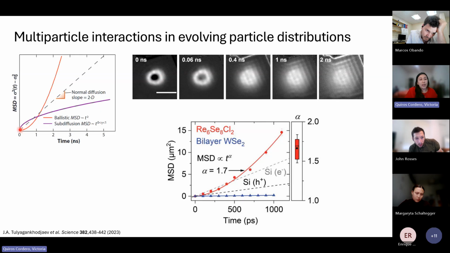And if there were no interactions at all, you would expect normal diffusion. But you often have interactions, actually. They're very ubiquitous. So they lead often to subdiffusion behavior with time, like this line here, or to ballistic or superdiffusion propagation.